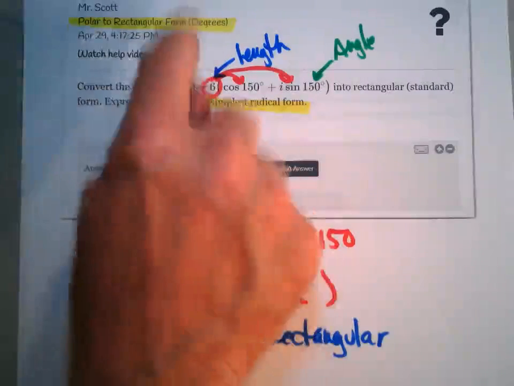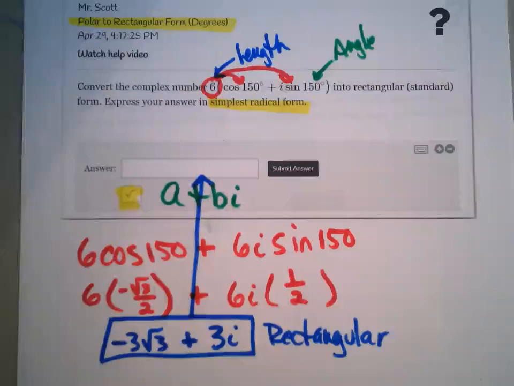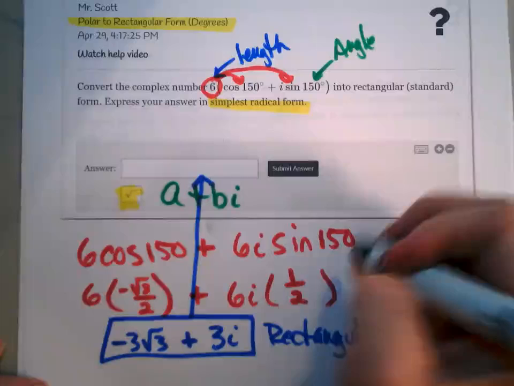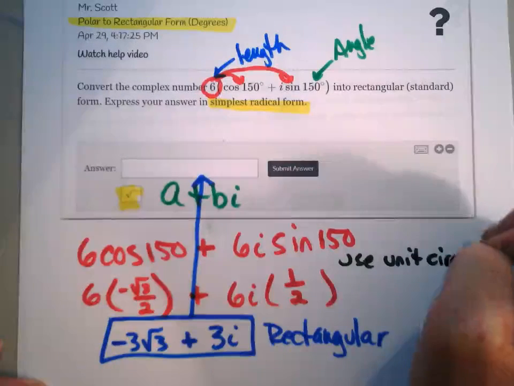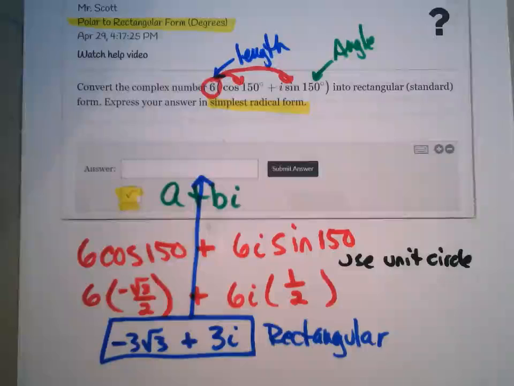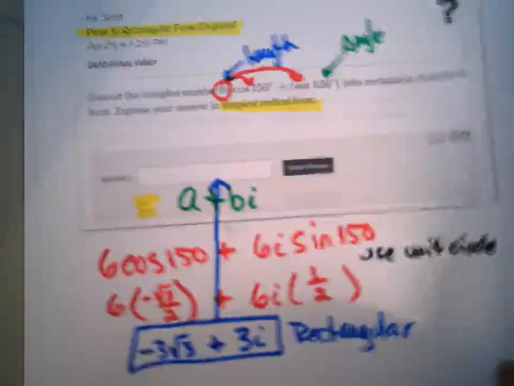Okay, so that is polar to rectangular. Use your unit circle, because it wants the exact form, and your calculator may not be able to give that to you.